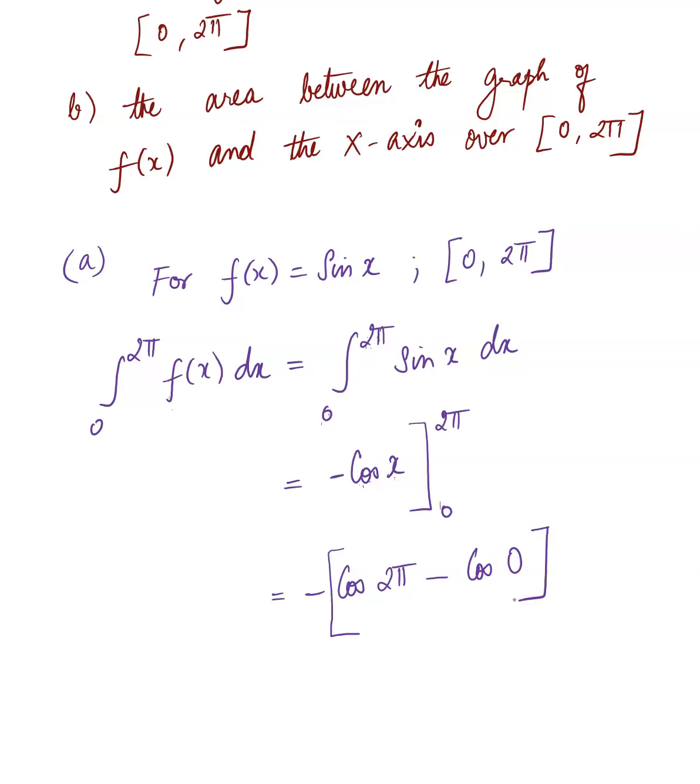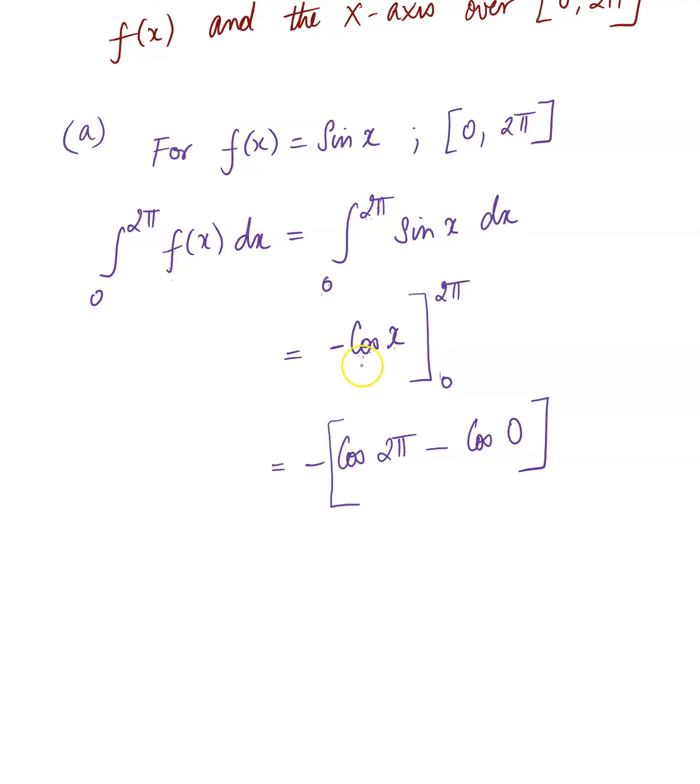Personally, this is what I like to do. I don't like to bring in the minus and then remember to change it to a plus later and so on. I'd rather separate it and only focus on the cosine x. So that's going to give me negative, cosine 2 pi is a 1 minus cosine 0 is a 1. It comes out like a negative 0, which is 0.